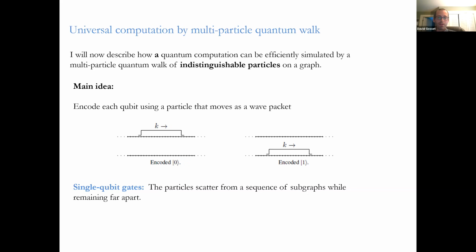But we're going to do this for each qubit, right? So now we have n qubits, so on the left we'll have 2n input paths instead of 2 to the n. And for single qubit gates, we're going to keep the particles far apart, and we'll make them scatter from these subgraphs like the ones I showed you earlier that implement single qubit gates.